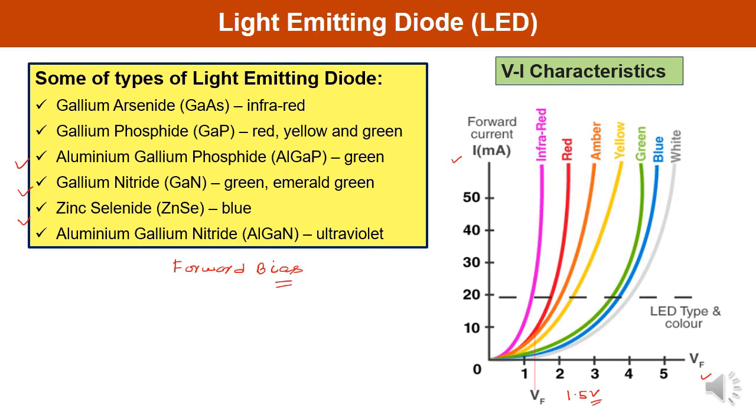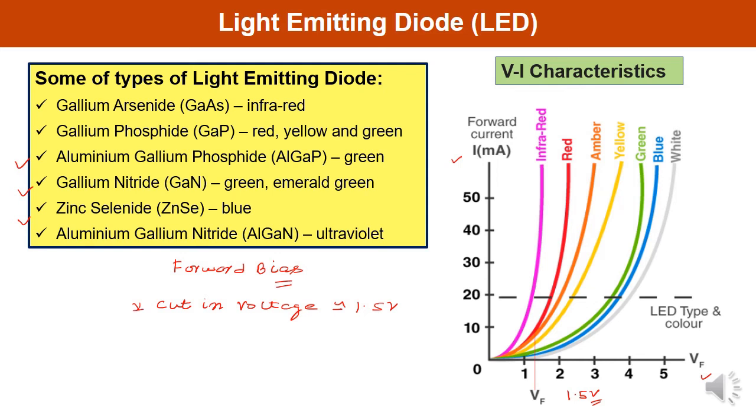But you have studied that in an ordinary diode, the cut-in voltage is 0.7 for silicon and 0.3 for germanium. So you must note down this point, the cut-in voltage here is approximately 1.5 volt.